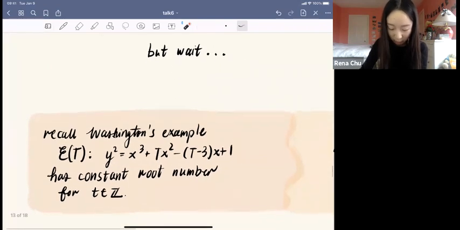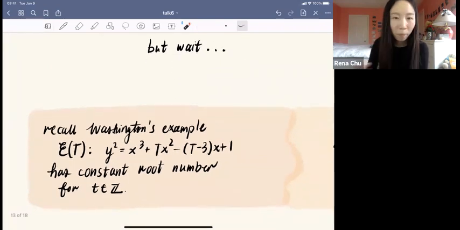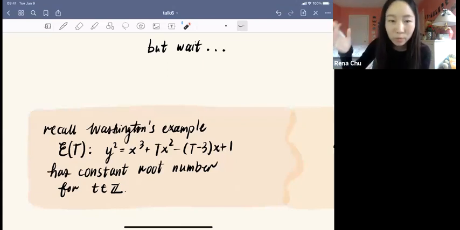recall Washington's example. That was our motivating example, and that was a family that had constant root numbers for integer fibers. Now you may think, maybe it's not even a part of the F family. What we proved is a result for the F family. The Washington example, who knows what family that's in.